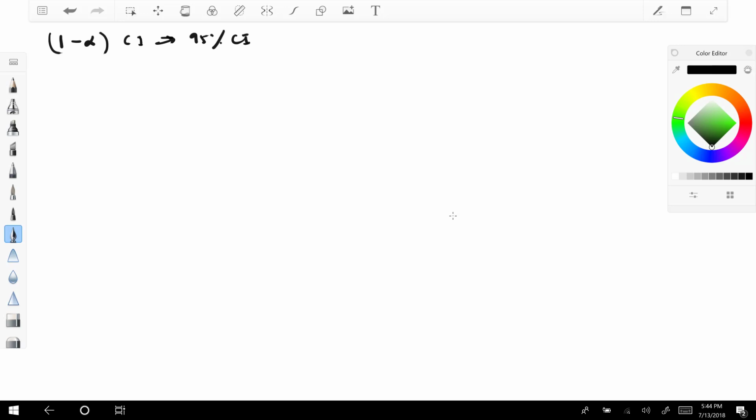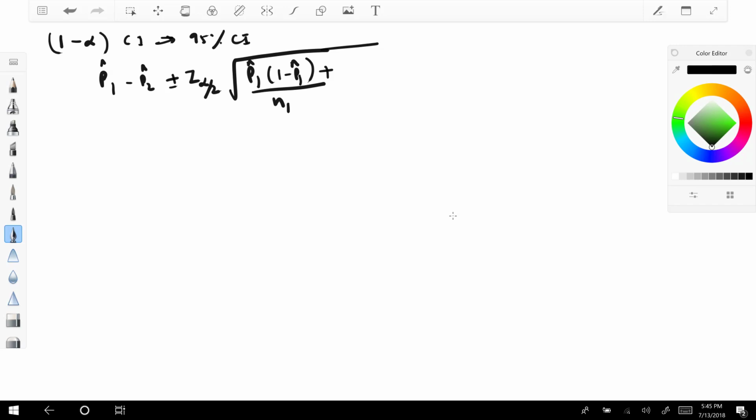The formula for that which we discussed was P1 hat minus P2 hat plus or minus Z alpha over 2 times the square root of P1 hat times 1 minus P1 hat divided by N1, plus P2 hat times 1 minus P2 hat divided by N2.